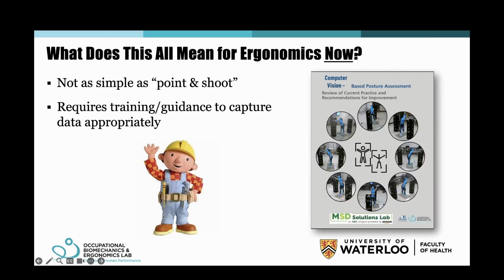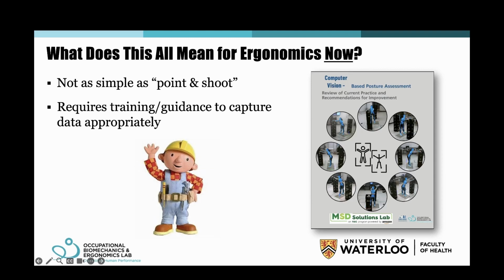The saying that I like to use is: good data in, good data out, or bad data in, bad data out. If we use everything that we've learned, capturing good quality data and putting that into these computer vision tools, we can then do some assessments that way.